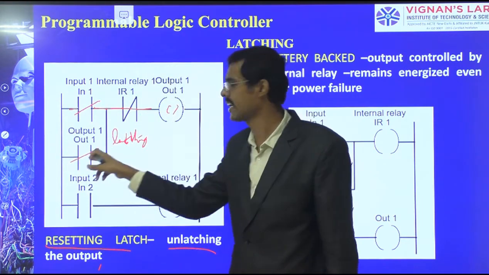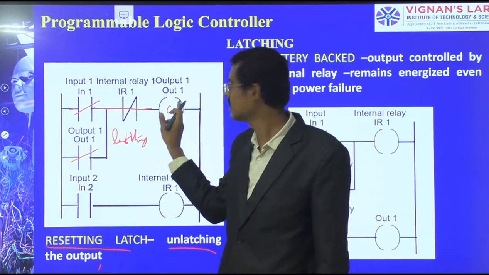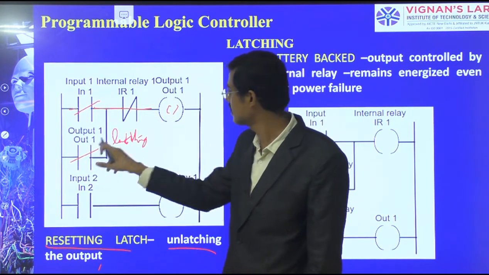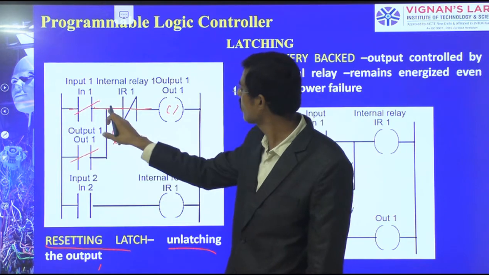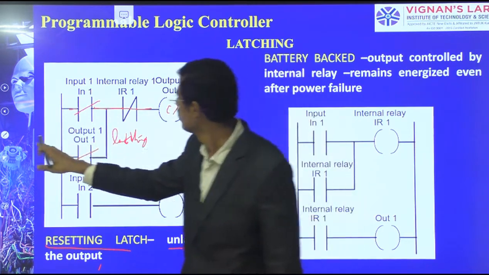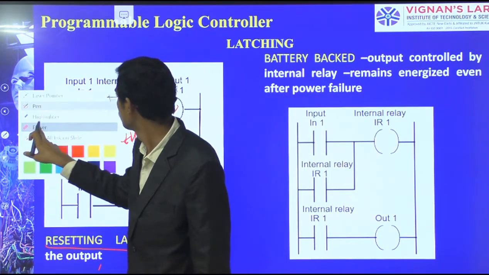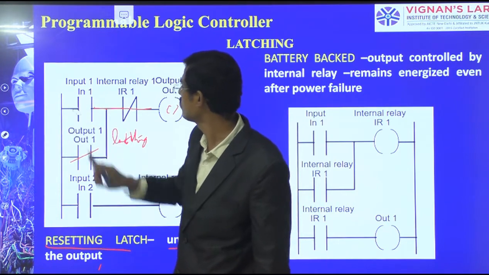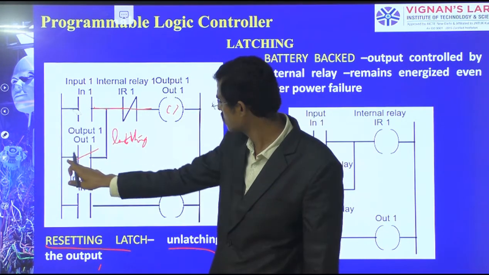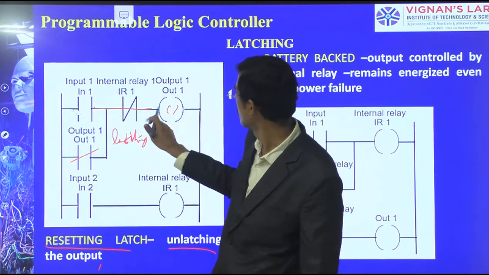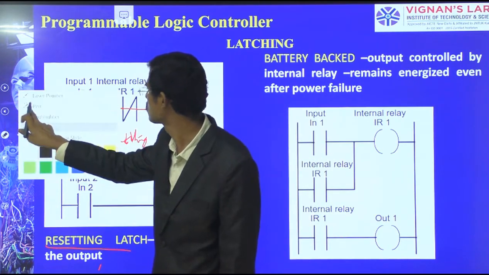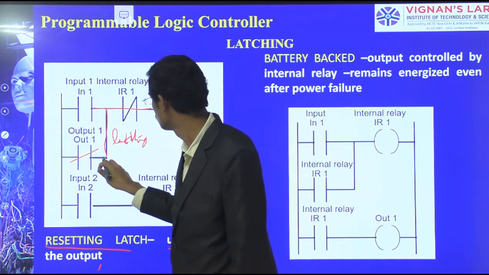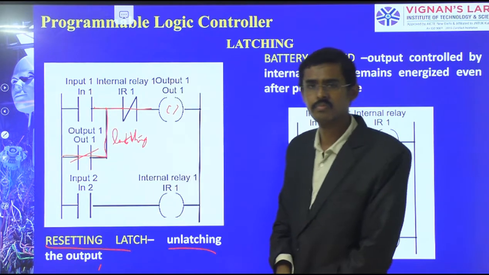This output I have taken as an input. It activates output 1, activating the latching process, and this keeps going. Even though this push button is not pressed, the power will go through this way, and it can run the setup.